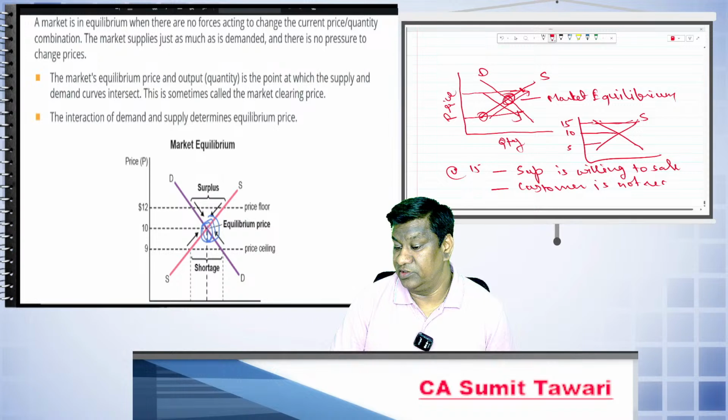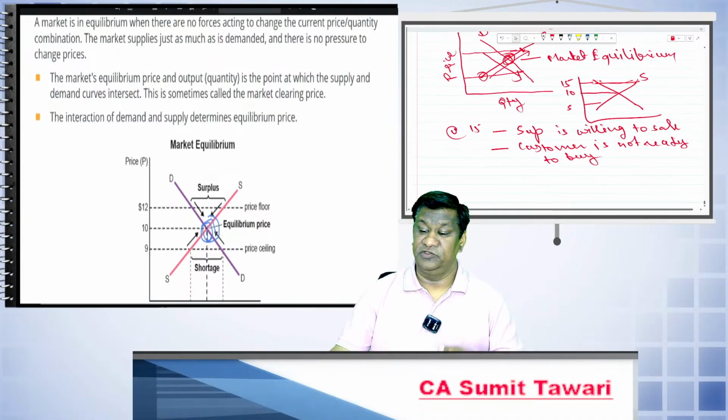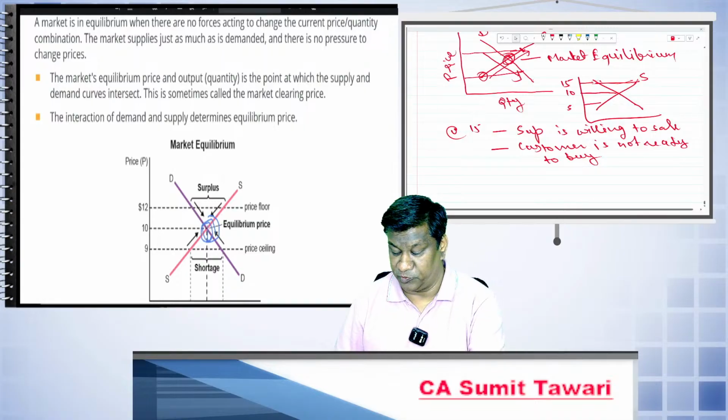So what would be the impact? The supplier is willing to sell, that means he is ready to produce more, but the customer is not willing to buy. So this will be oversupply or a shortage.